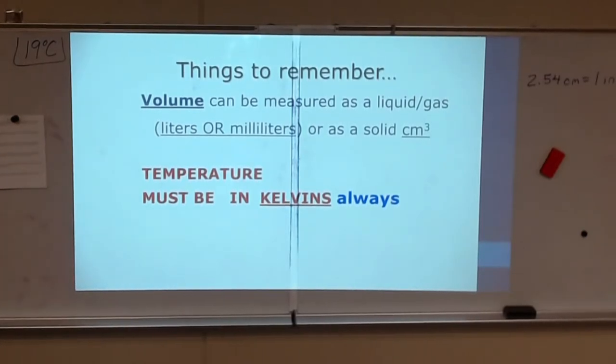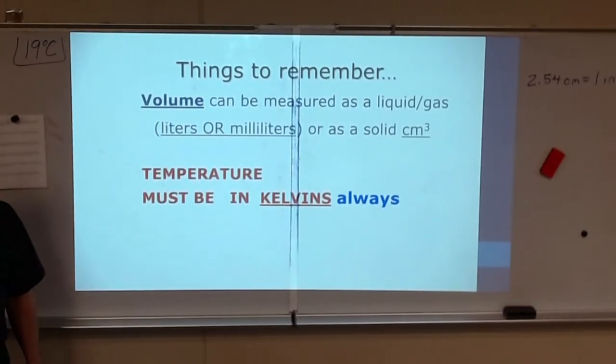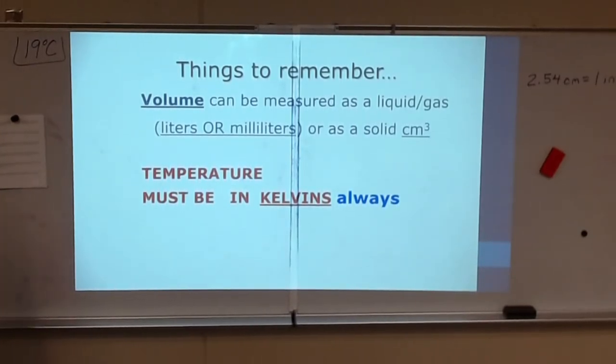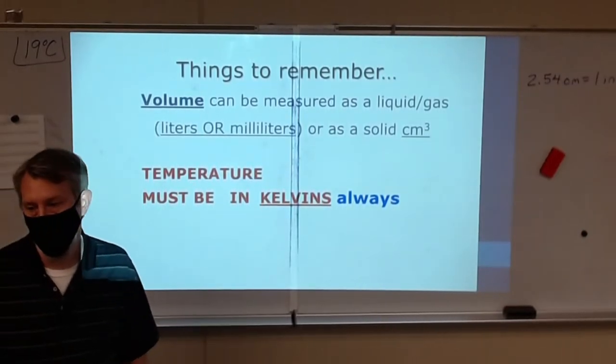They jump in and do their math in Celsius. Don't do that. Your math needs to be done in Kelvin. I'm going to tell it to you again over and over. Temperature must always be in what? Kelvin. And if you start doing math and you notice your temperature is a negative number, you're wrong. Temperature has to be in Kelvin. All right.